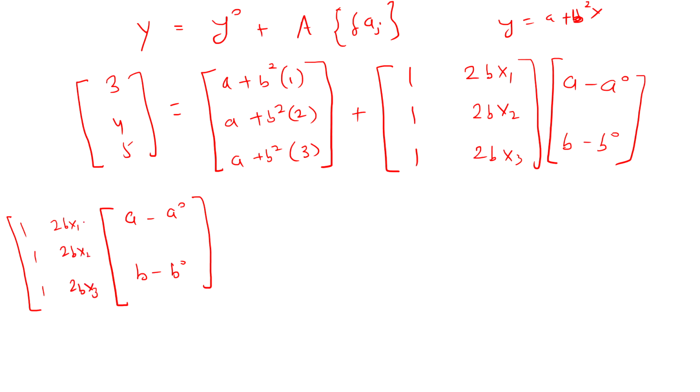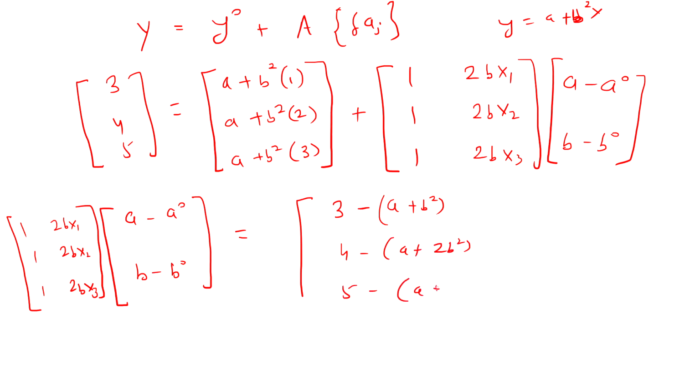It's nothing but 3 minus a plus b square, 4 minus a plus 2b square, 5 minus a plus 3, 5 minus a plus 5b square.